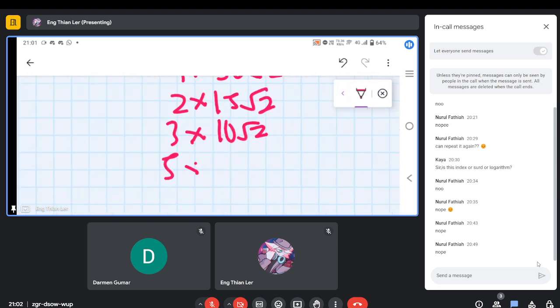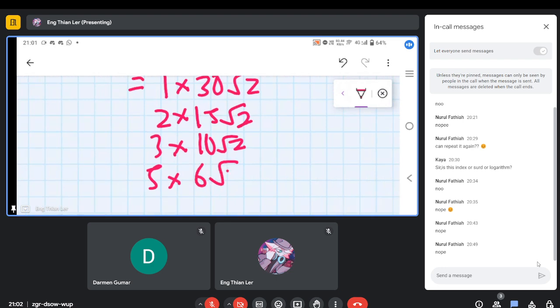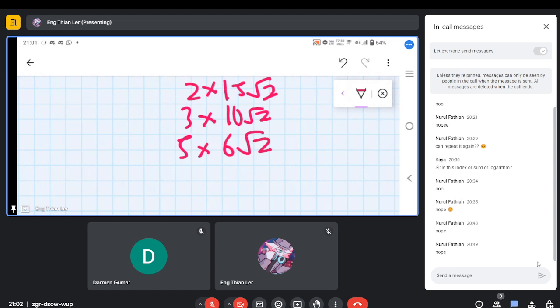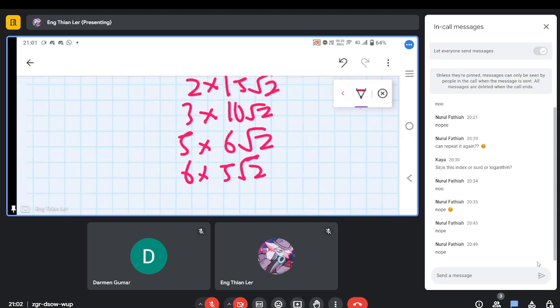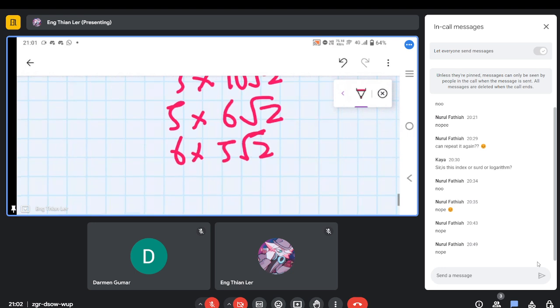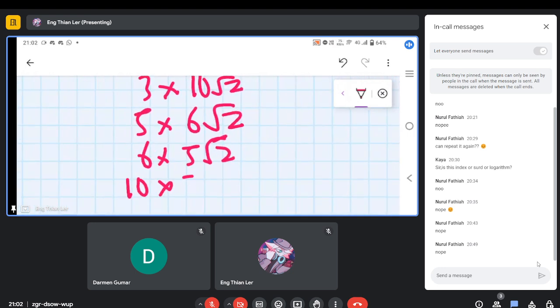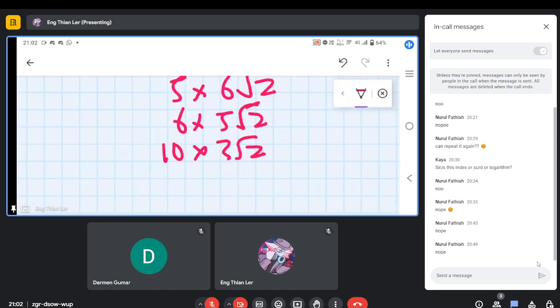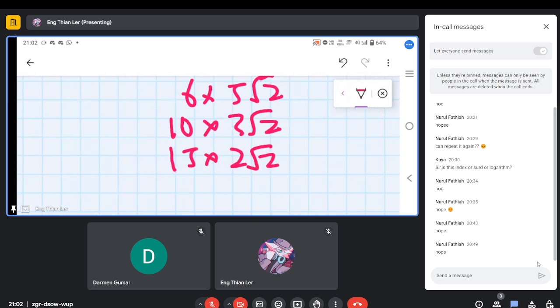And then 5 multiplied by 6 root 2. 6 multiplied by 5 root 2, or just the same. 10 multiplied by 3 root 2. And finally 15, 30.